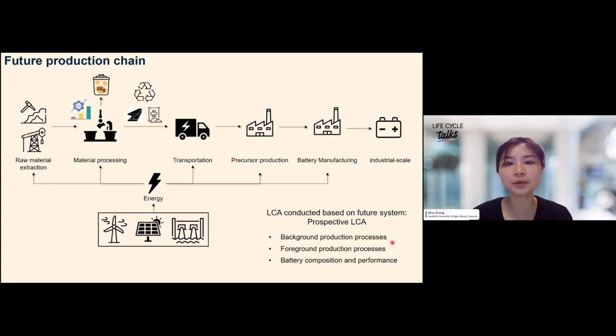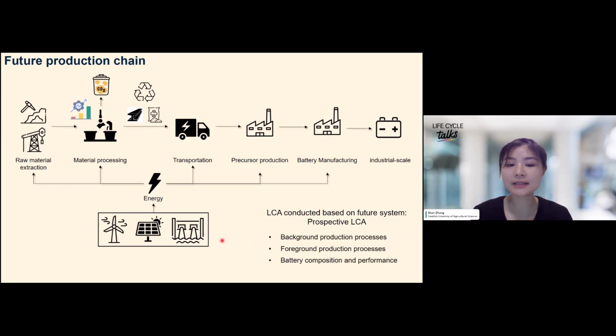Starting from background production processes, some LCA studies assume that the emerging batteries they study will be on the market in the very near future, which allows us to use the current LCA database, the background LCA database, without modification.